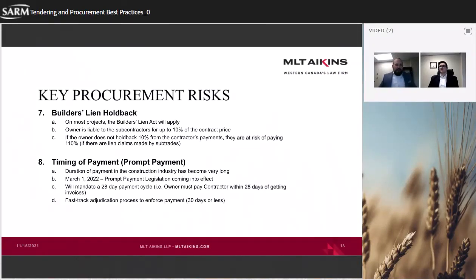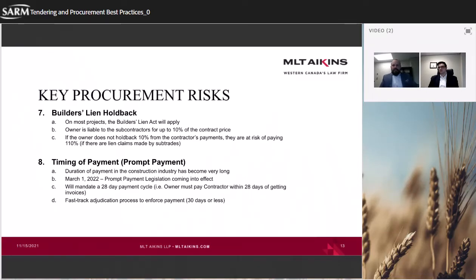These are just two kind of minor risks. One is the builder's lien holdback, and what we want to understand is that there's clarity as to what part of the project is going to be subject to the builder's lien act, and most importantly, the holdback.